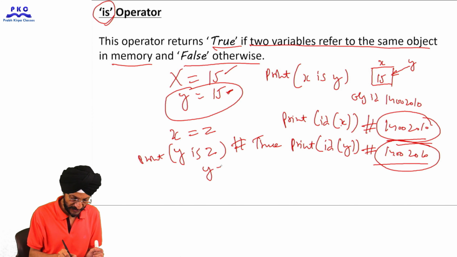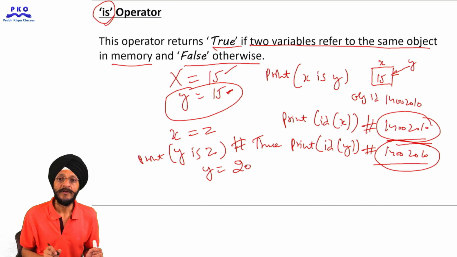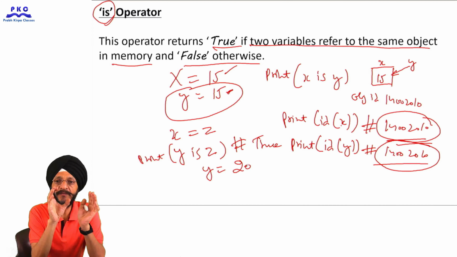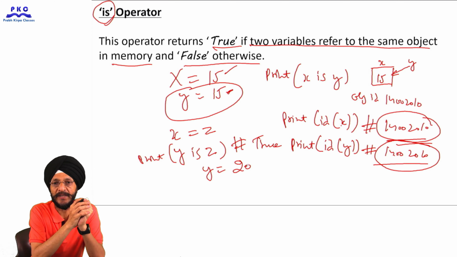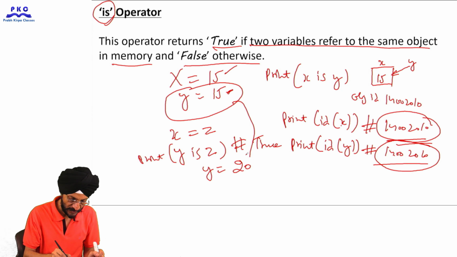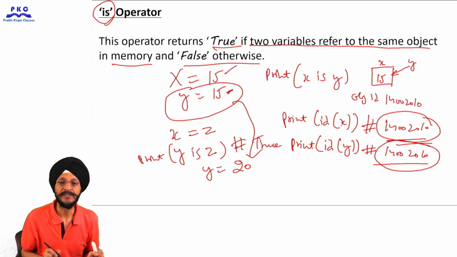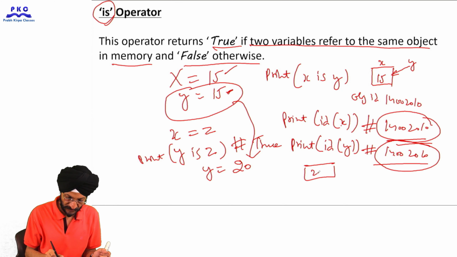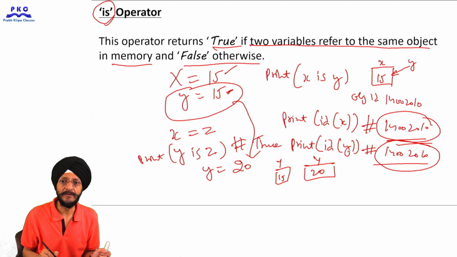If we change the information contained, or the value contained in the variable y, earlier it was 15, now we have changed it to 20. So now a new variable is created. Earlier it was 15. Now another variable is created.